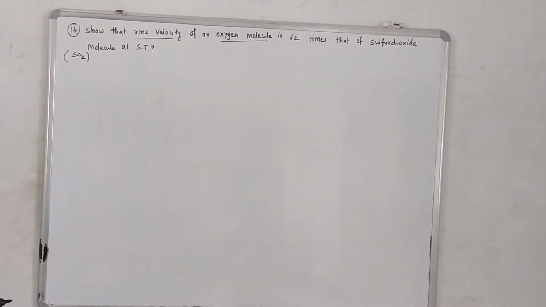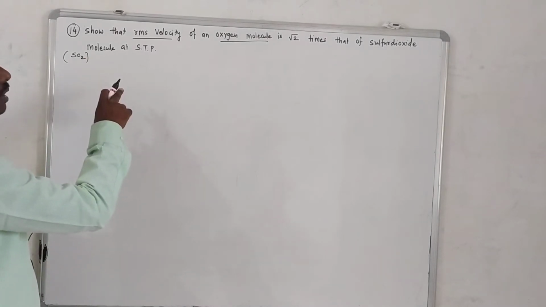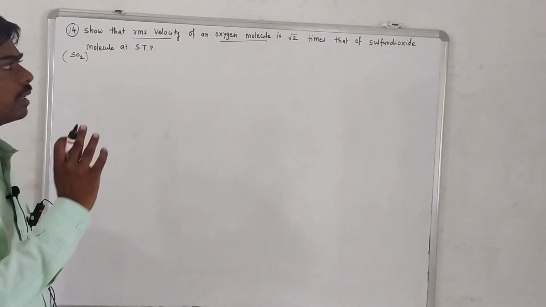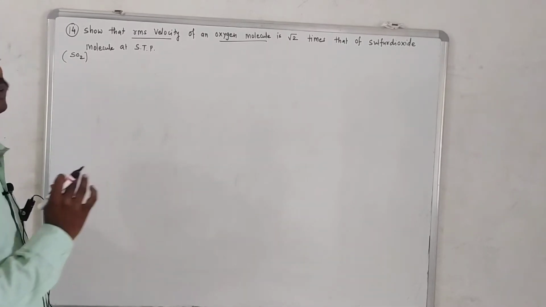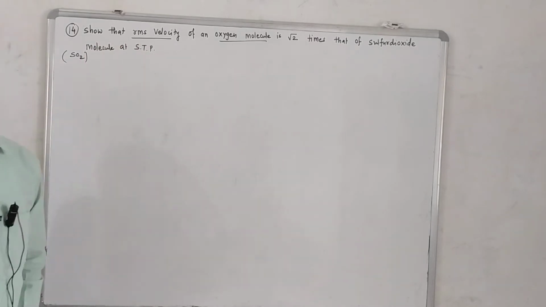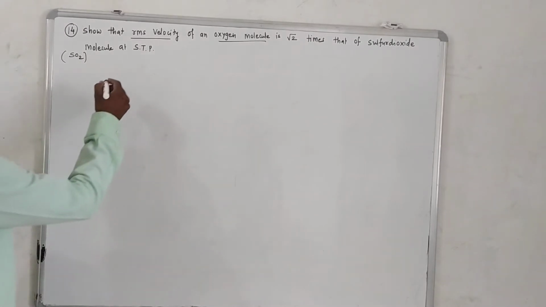So here we have to relate the RMS velocity with the molecular weights of the two different substances given in this problem. One is oxygen and the other is sulfur dioxide. We must know that the molecular weight of oxygen is 32.